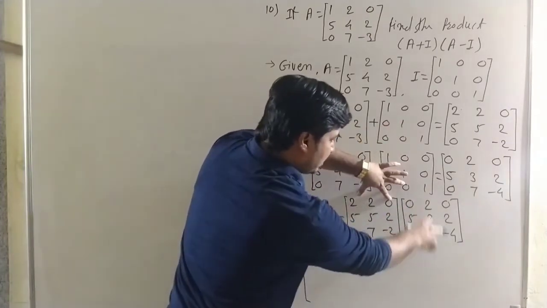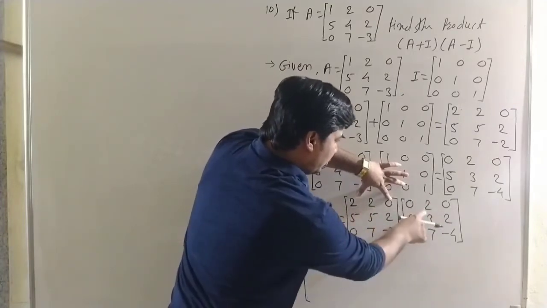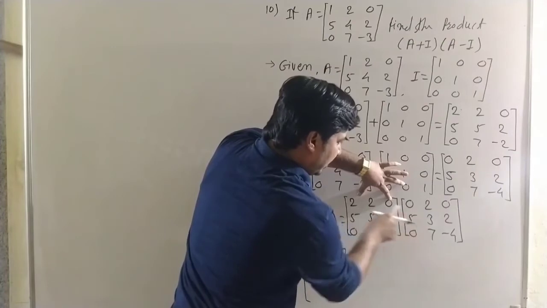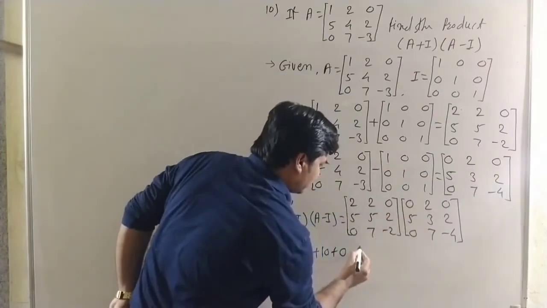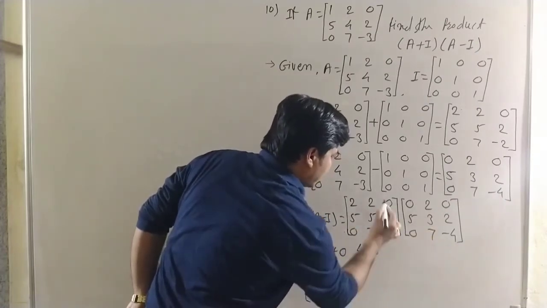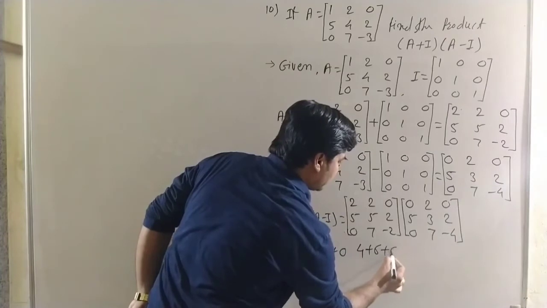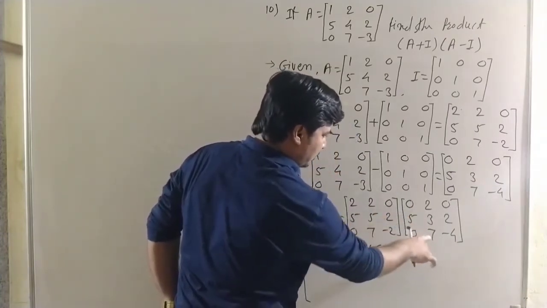Now first row, second column: 2 into 2, 2 into 3 and 0 into 7. 2 into 2 is 4, 2 into 3 is 6 and 0 into 7 is 0.